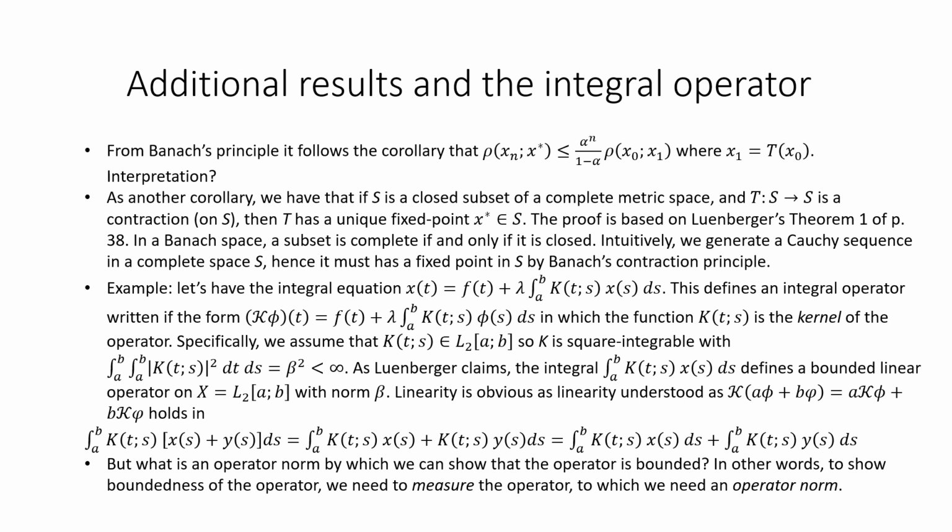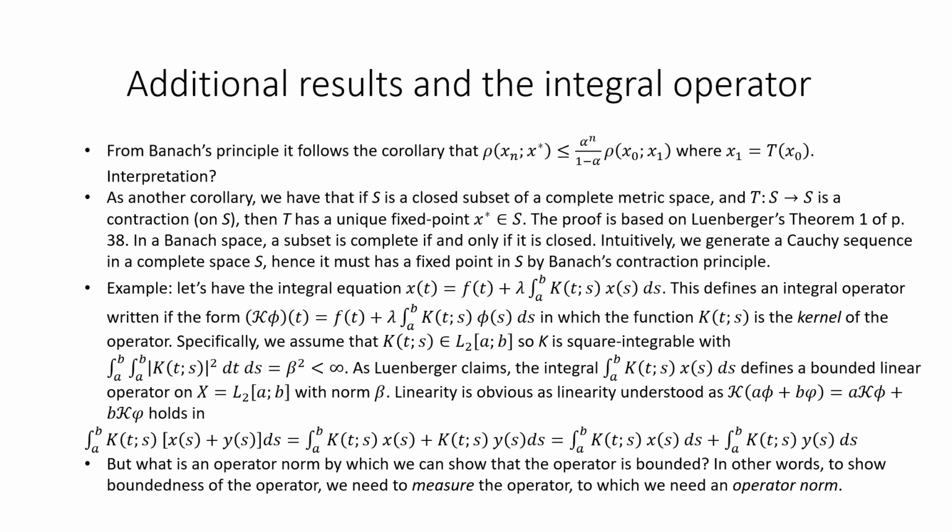Note that this integral operator is very similar to the Bellman operator in the stochastic case, which we extensively use in dynamic programming. The kernel is supposed to be in L2, so it is square integrable, and the square integral of the kernel of the operator is supposed to be finite.